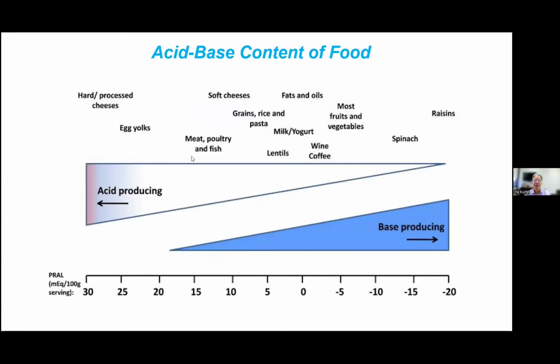But if you're eating meat, fish, eggs, cheese, et cetera, you're producing a lot of hydrochloric and sulfuric acid, and your kidney now has to do something. Now, I haven't said what it is yet, but the kidney has to counter that proton load somehow. If you're eating raisins and spinach and vegetables, you're generating bicarbonate, and all the kidney has to do is excrete the bicarbonate in the urine.